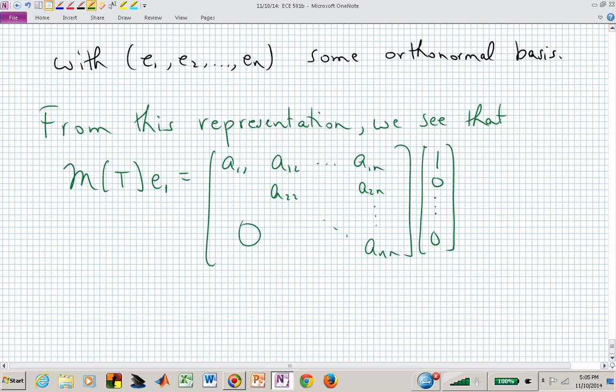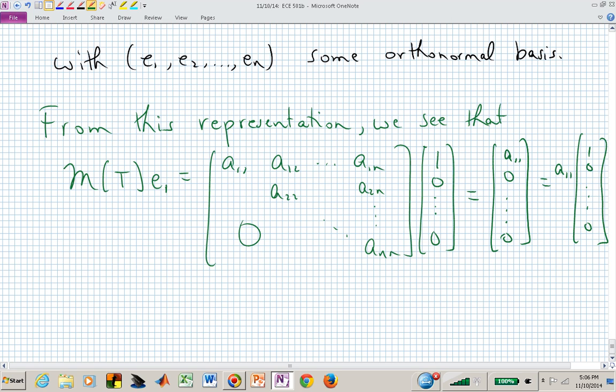It has to have just a 1 in the top coordinate, so that multiplying this matrix representation on the right by this E1 gives us this eigenvalue-eigenvector relationship, which is lambda E1, and lambda is the element on the diagonal of this upper triangular matrix, which is A11, which is this lambda E1.